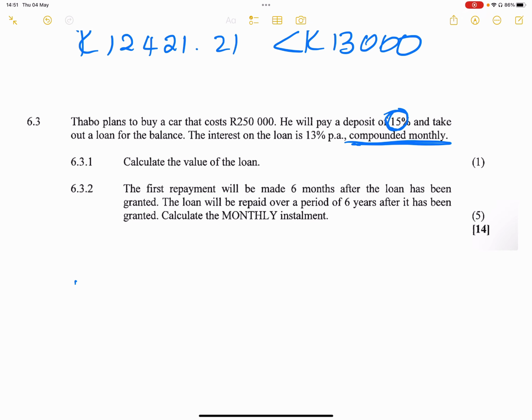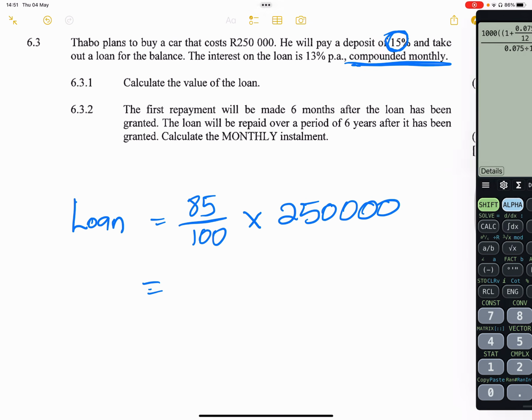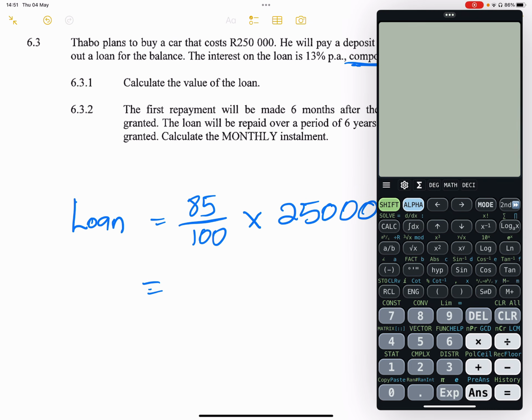So you can say the loan in this case will be 85 over 100, multiplied by 250,000. Alternatively, you could have calculated the 15% and subtracted whatever amount you get from the 250,000, to get that loan amount.